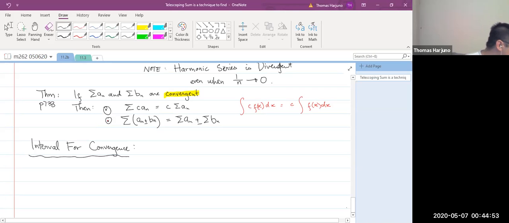For example, the following question: find the values of x for the series to be convergent.